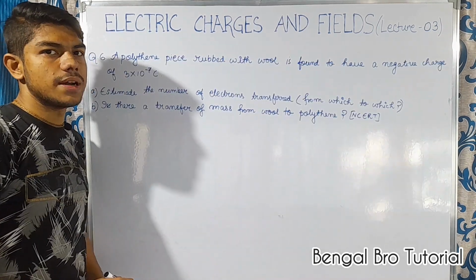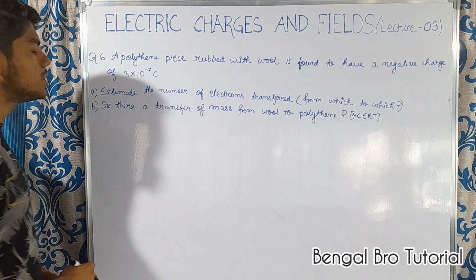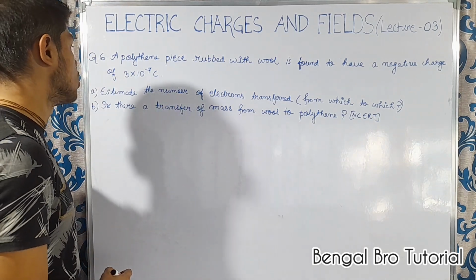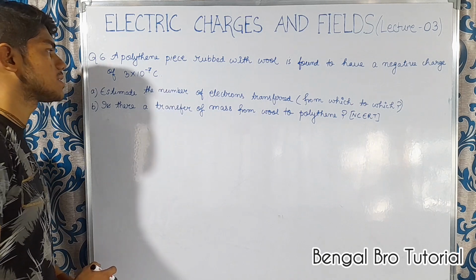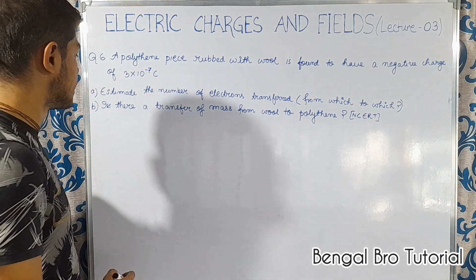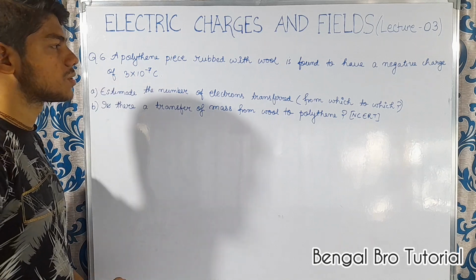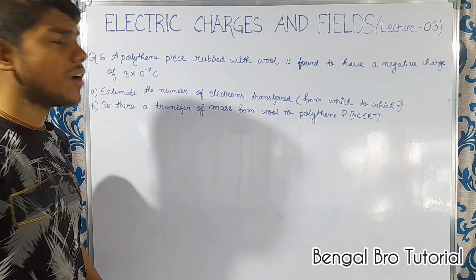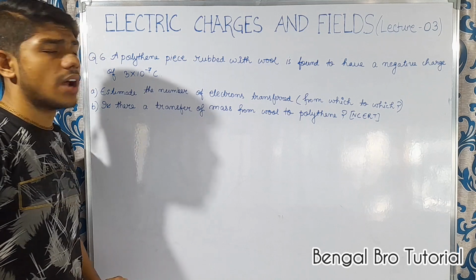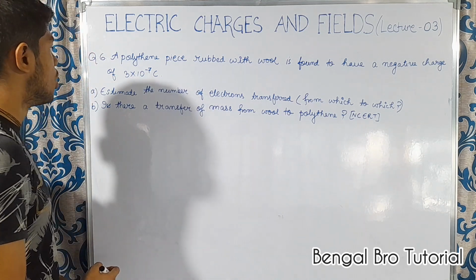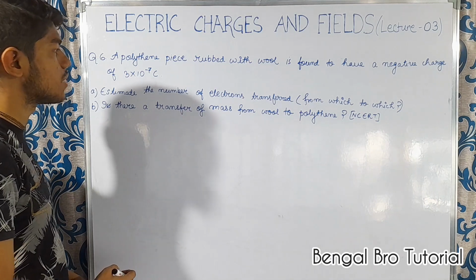Question number 6. A polythene piece rubbed with wool is found to have a negative charge of 3 into 10 to the power minus 7 coulomb. Part A. Estimate the number of electrons transferred from which to which. So we have a polythene piece that has been rubbed with wool, due to which it has acquired a negative charge of 3 into 10 to the power minus 7 coulomb.